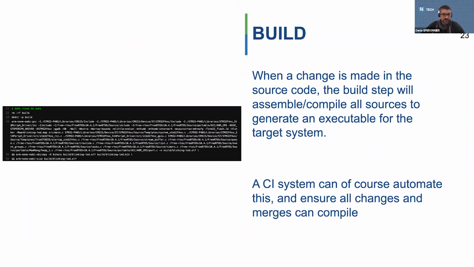The nice thing is that since it's automated, it can be done really often. Any change which is made can be checked for assembly or compilation, depending on your language and framework. You can then generate an executable for the target system really often, and also check the merges.